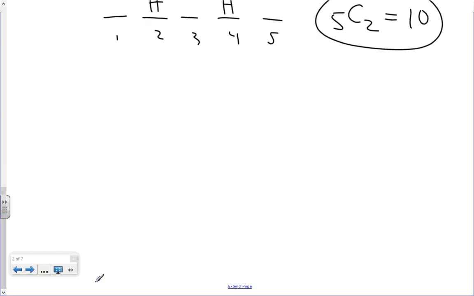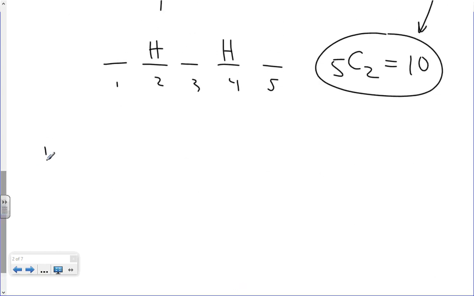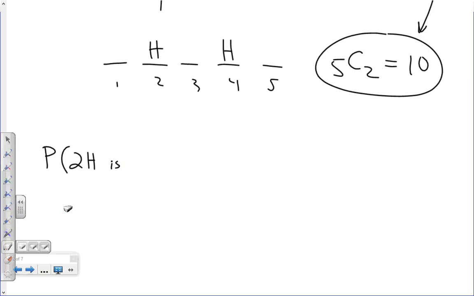What did we just figure out? The probability of getting 2 heads in 5 flips, my goodness.